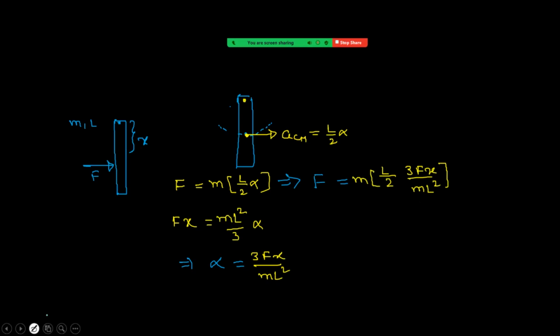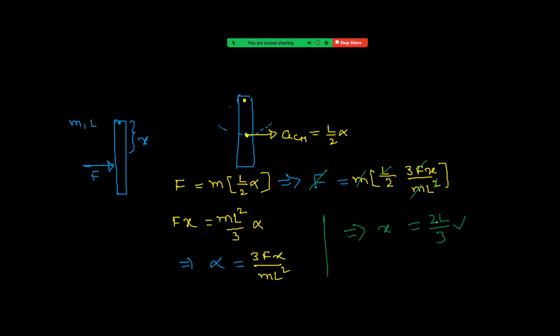Now see calculation part. F cancelled, m cancelled, one L is cancelled here. What else left here? x equal to 2L upon 3, 2L by 3.